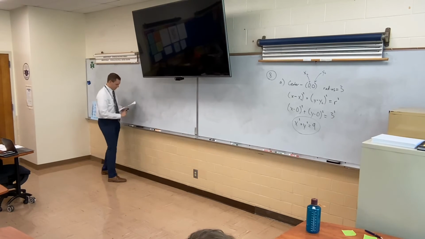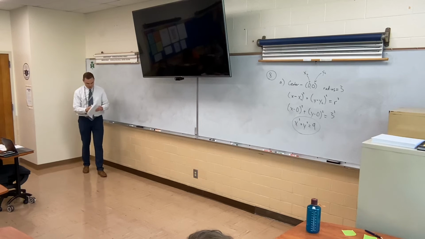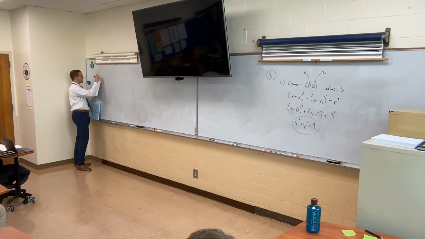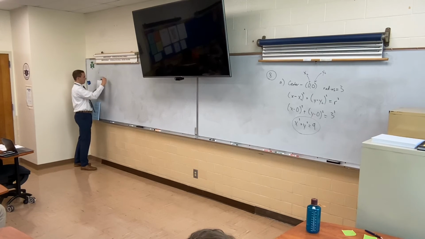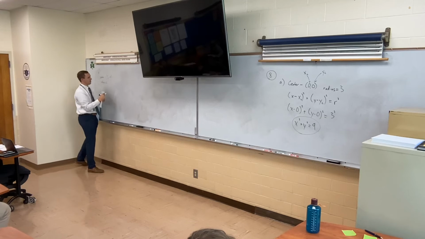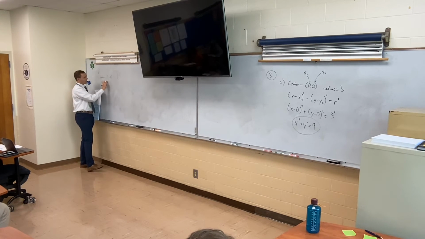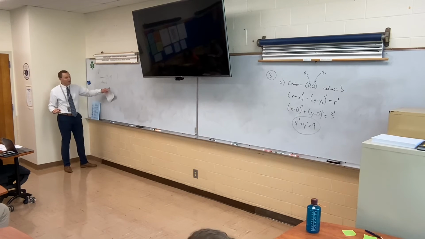Okay, so part B, circle B, center is 5, -4. Radius is equal to 6. So what do you think the equation might be?